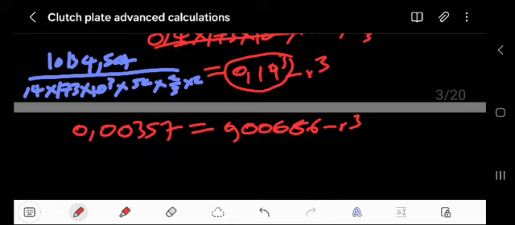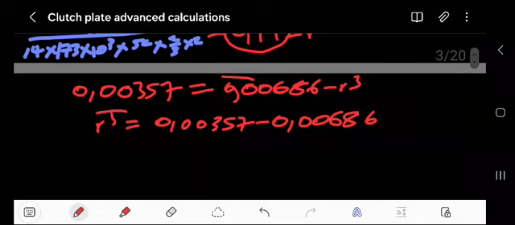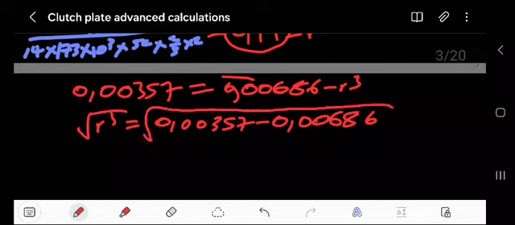Then it's math. I'll just say r cubed. I take this to the other side, it will be equal to 0.00357 minus 0.00686. Then I take the cube root on both sides. The cube and the cube root cancel, I'll have r.